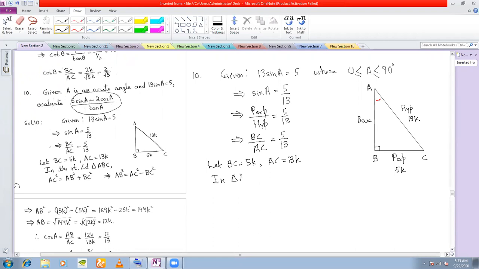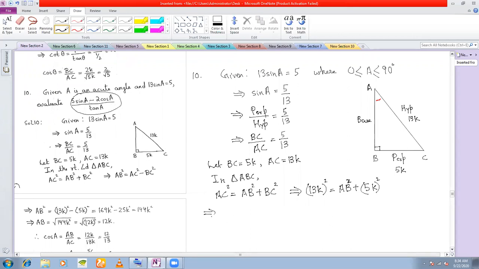In triangle ABC, AC square is equal to AB square plus BC square. That means 13K whole square is equal to AB square, which we need to find, plus BC square, where the length of BC is 5K.